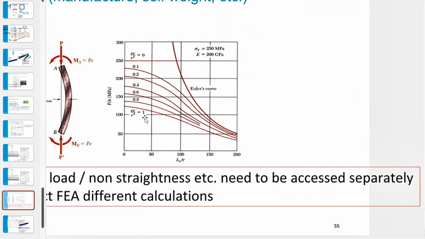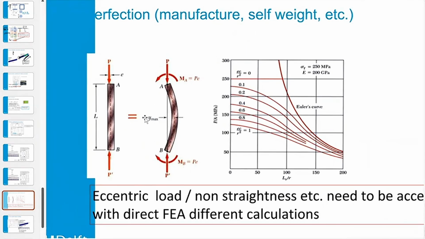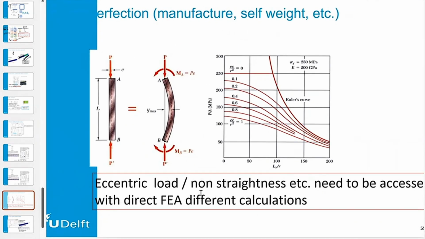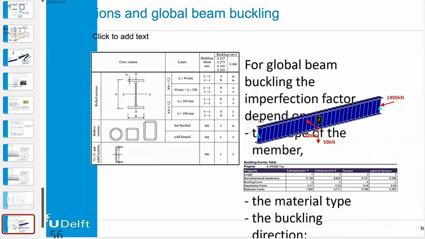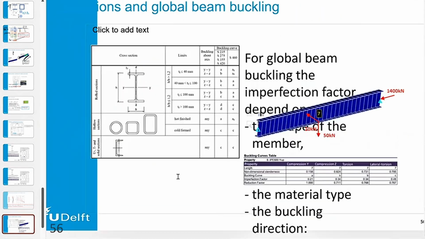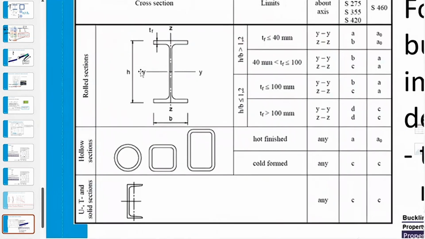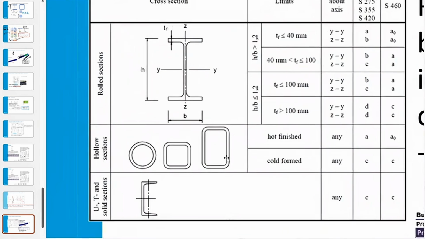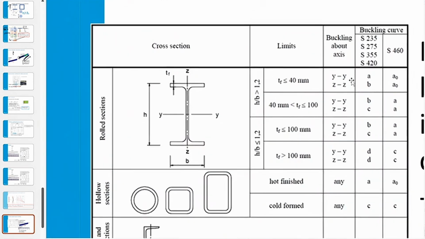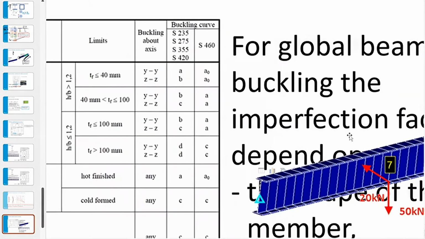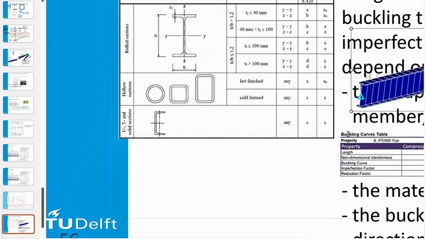And how do we take into account the imperfection? The Eurocode takes that into account by looking at how it's manufactured. So we have different buckling curves, which look like this Euler curve.